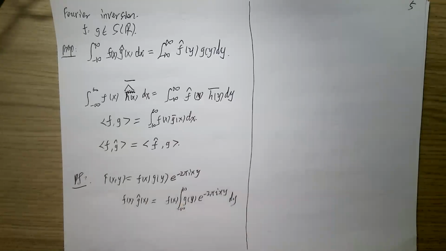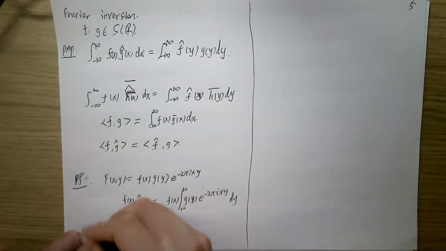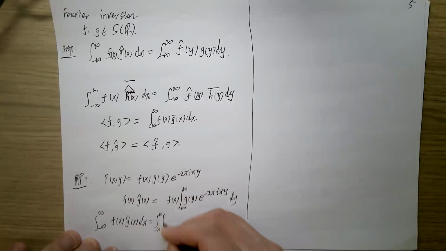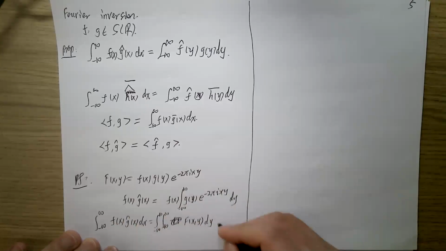Okay? So again, something similar happens, right? So if you take the integral from minus infinity to infinity of f(x) ĝ(x) dx, what you should get is, again, a double integral of F(x,y) dy dx.